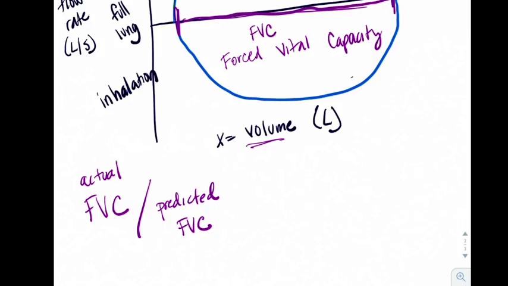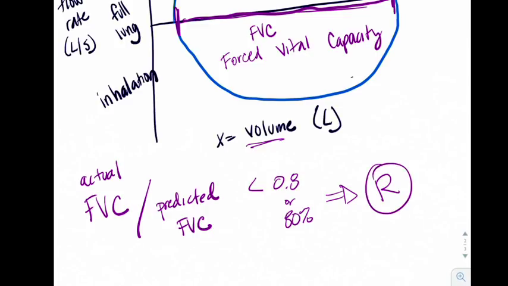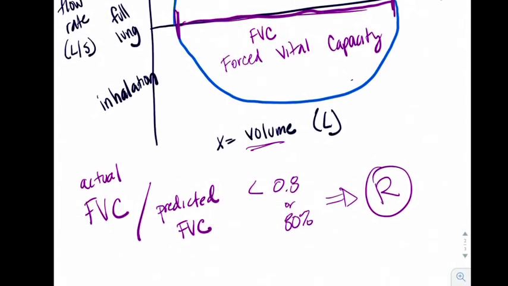What we're shooting for, we hope to have at least 80% of the predicted. If we have less than 0.8, or less than 80% predicted, that is indicative of restrictive disease. Again, restrictive is decreased volume.